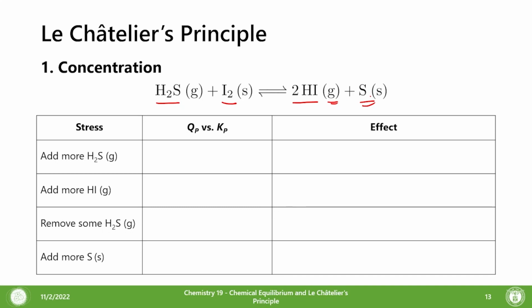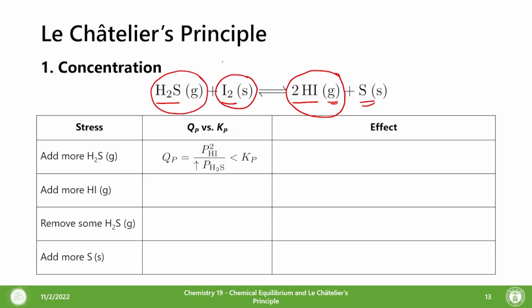Okay, so we define our reaction quotient as the pressure of our hydrogen iodide gas divided by the pressure of our hydrogen sulfide. This one has an activity equal to 1 because it's solid. This one has an activity equal to 1 as well because it's solid. Okay?